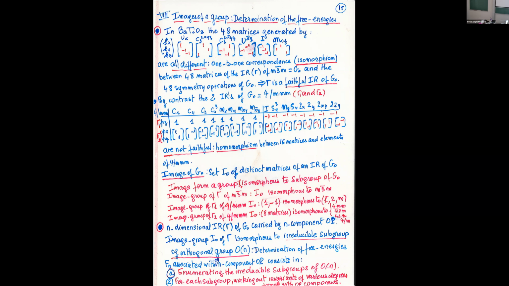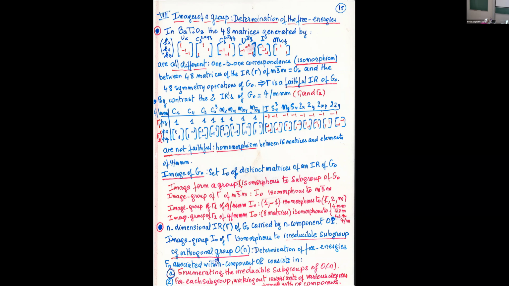By contrast, the 2 irreducible representations that we have considered before of P4MM, the one-dimensional representation, gamma 1, let's call it now, spanning Pz, and gamma 2 spanning Px and Py, are not faithful because you see you have +1, -1, and so you don't have all 16 numbers.